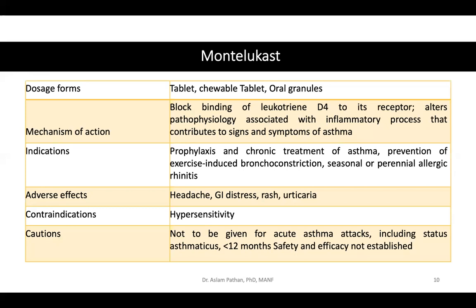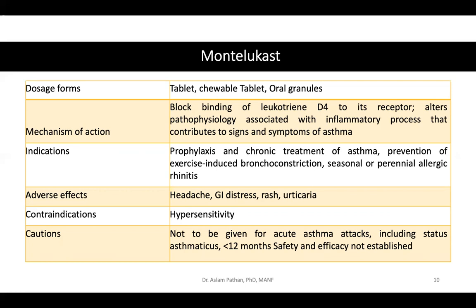The first example of a leukotriene receptor antagonist is montelukast. Dosage forms include tablet, chewable tablet, and oral granules.